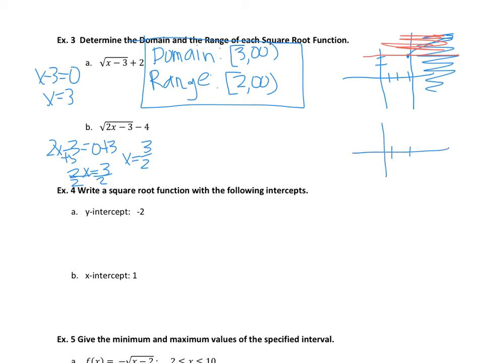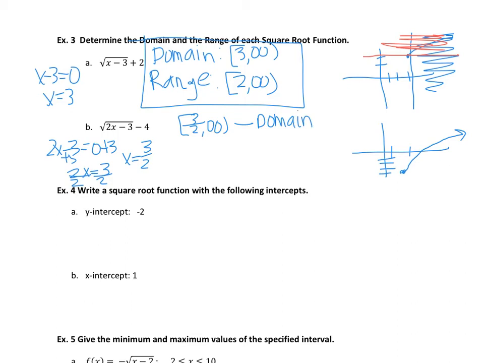So right here, this is what it would look like. I shifted it over 3/2 and I shifted it down 4 units. And so that's kind of what my square root function is going to look like, roughly. So I know as far as my domain goes, I've got everything from 3/2 to positive infinity. That's my domain.